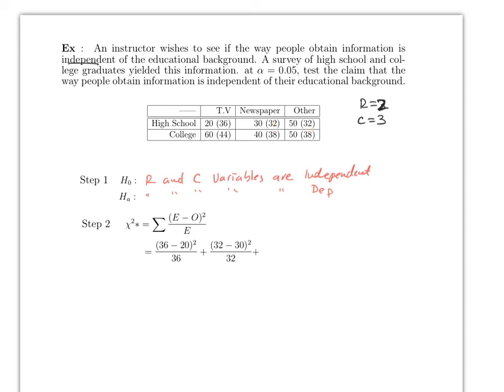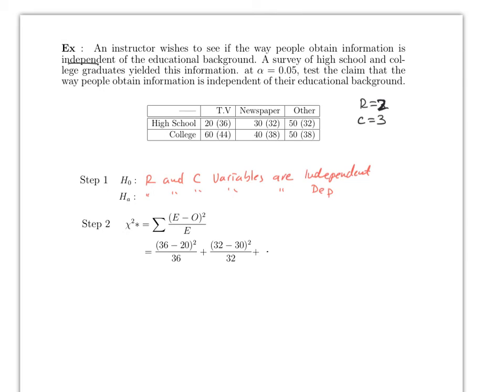Okay. So once you have the expected value and the observed values, all you have to do is plug it into this formula. So these are the first two values. Remember, it's the expected value, which is 36, minus the observed value, which is 20, divided by expected value. In this particular case, you have to do this 1, 2, 3, 4, 5, 6 times.